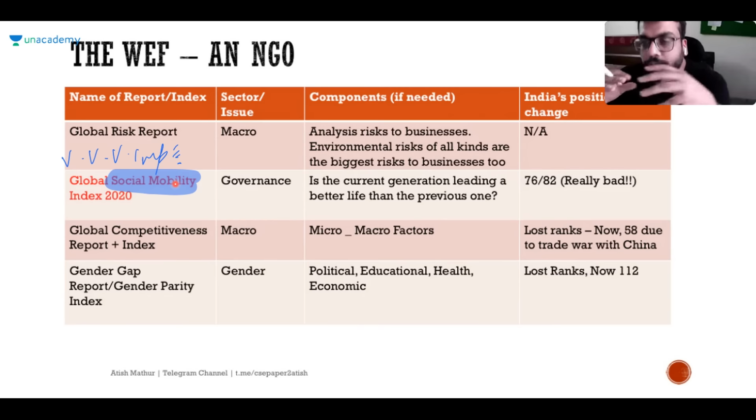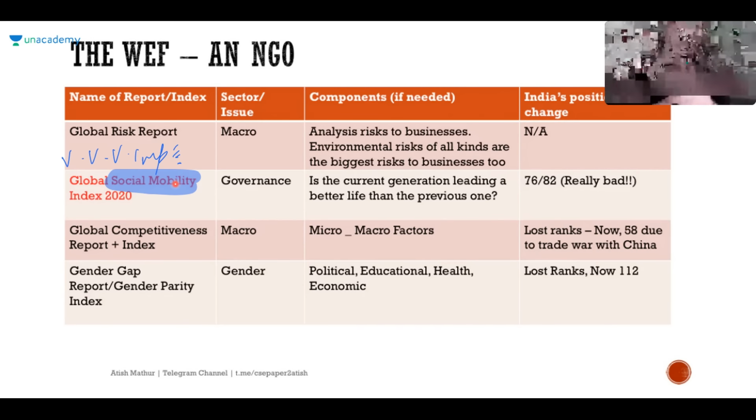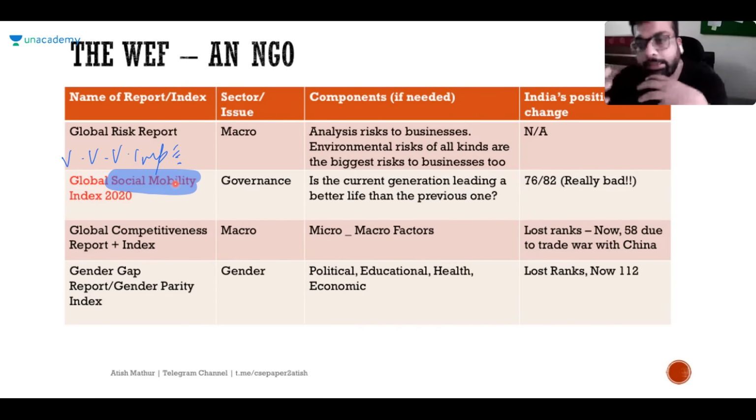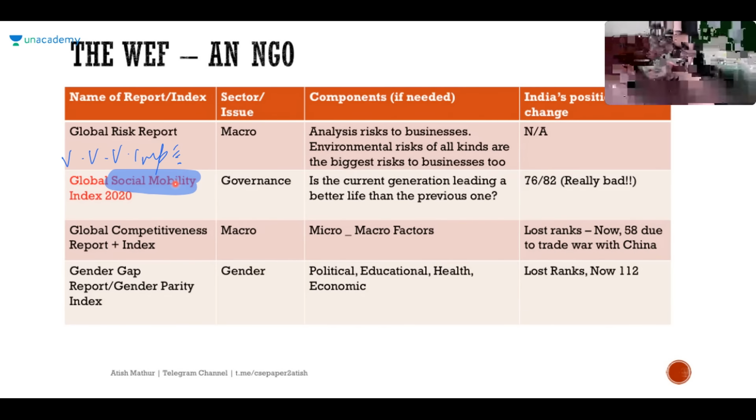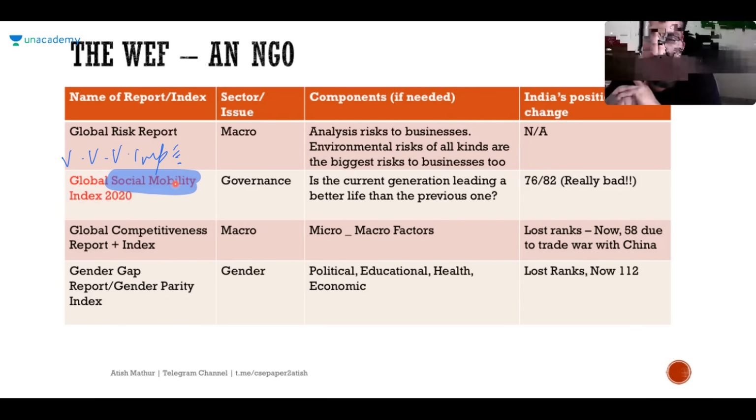So what are these factors? Law and order, education, health, digitization, training while getting a job. These are some of the factors. You don't have to know the factors in detail. Nobody is going to ask these factors.